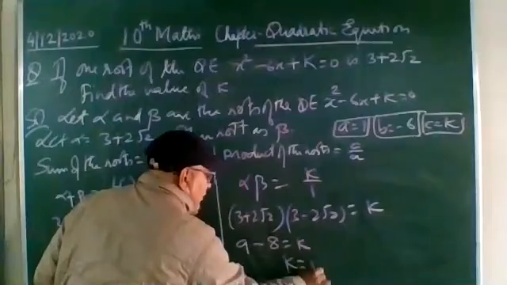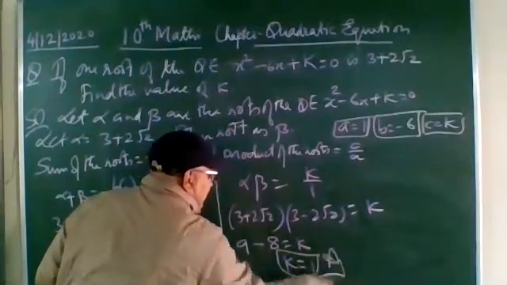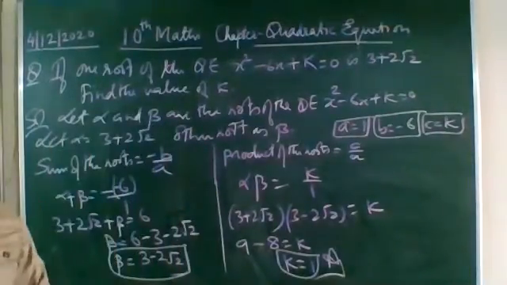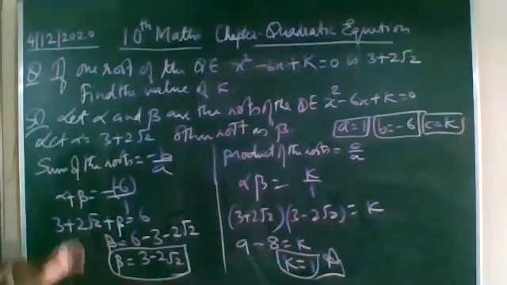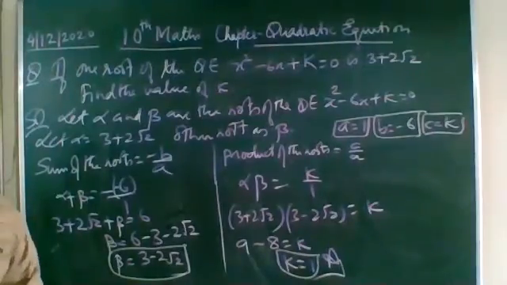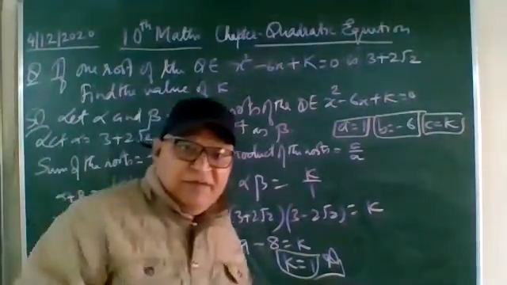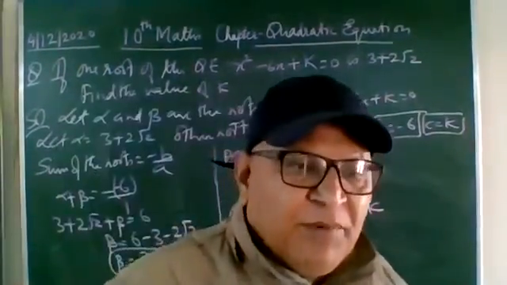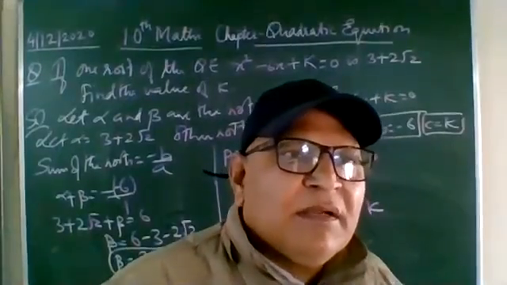So k equal to 1. This is the method, and different types of questions can be formed on this topic. So this is the last lecture for the revision of quadratic equation. Okay, now thank you. If you have any problem, you can ask in the doubt class.